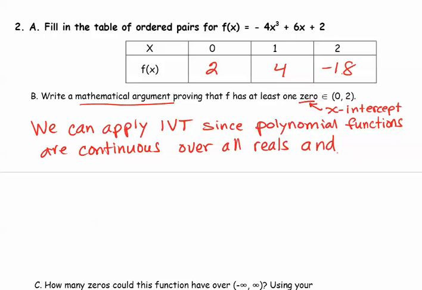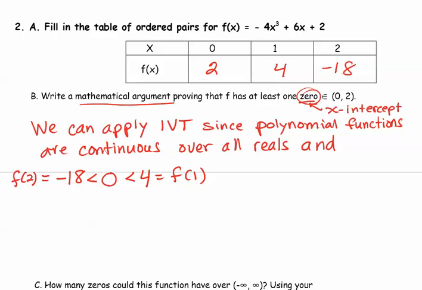And now I'm going to show that our target y-coordinate is 0. So I'm going to show that I know that 0 fits between, and I'm going to turn this around, -18 and 4. And I like to show where those happened. So -18 happened when x was 2, and 4 happened when x was 1.